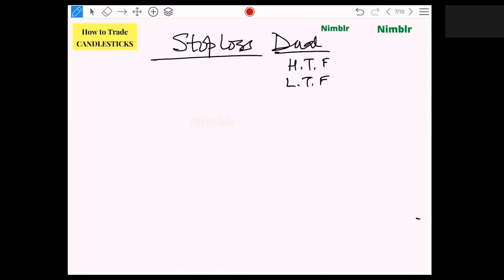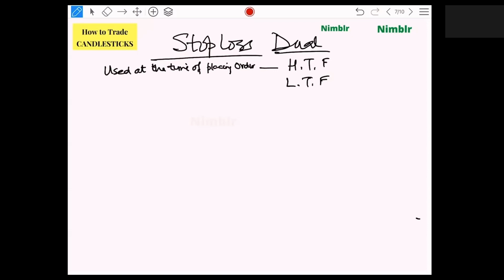Why do we have them? So first, the higher time frame is used at the time of placing the order. So along with the order, we use only the higher time frame.